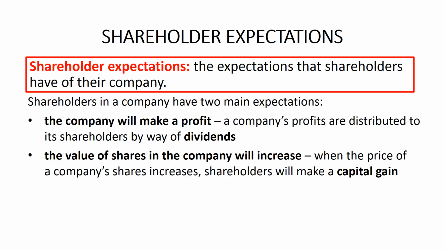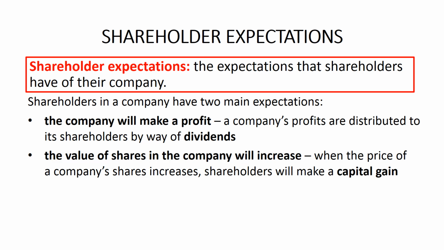If it's paid $1 per share and it can sell those shares for $2 per share, then the shareholder has made a profit or a capital gain of $1 per share. If instead the value of the shares in the company decreases so that the shareholder has bought those shares for $1, but when it comes to sell those shares, it can only sell those shares for 50 cents, then the shareholder will be very unhappy because it has then made a loss on the sale of those shares equal to 50 cents per share.